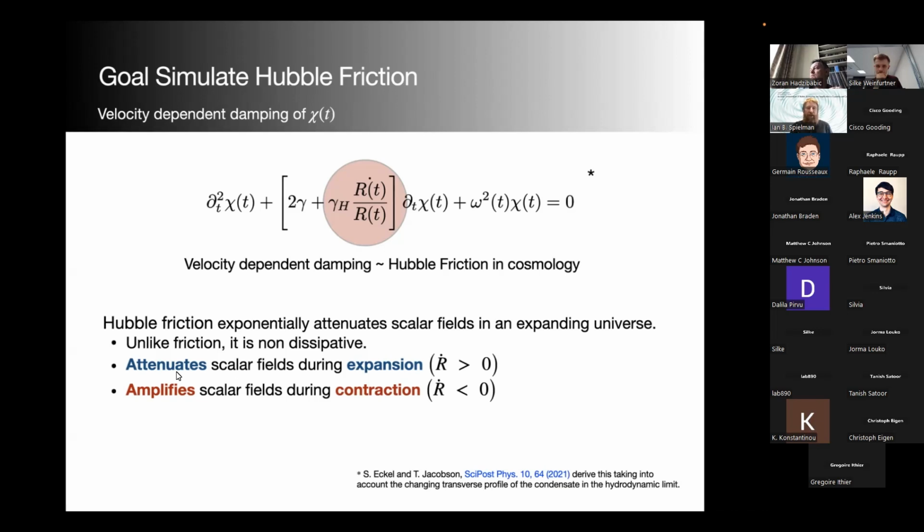And this already will immediately show us in the data that the expansion, as we saw before, attenuates fields, but contraction amplifies the fields. So this sort of drives home that this term, although it looks like it's going to be a friction term because it's sitting next to a first derivative, is not really a friction term.